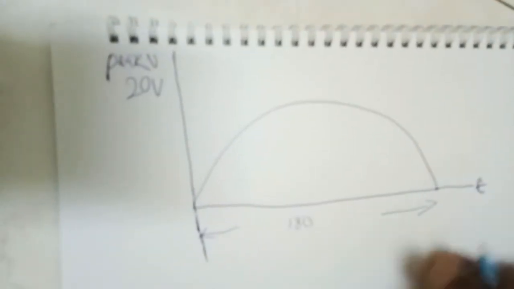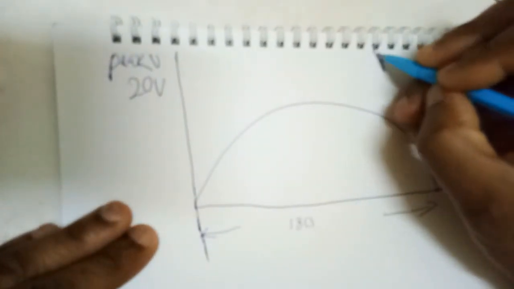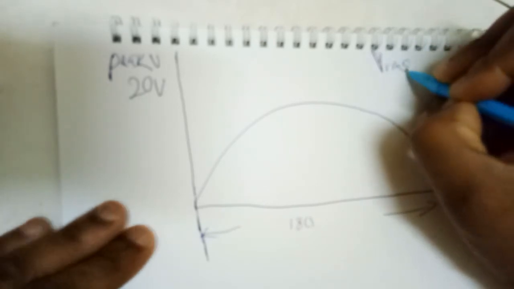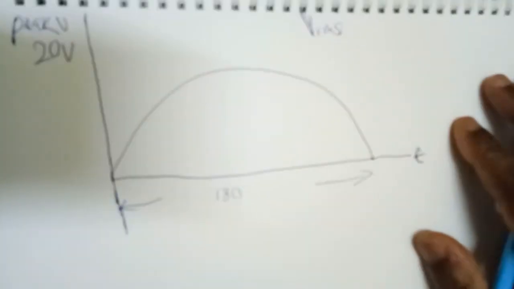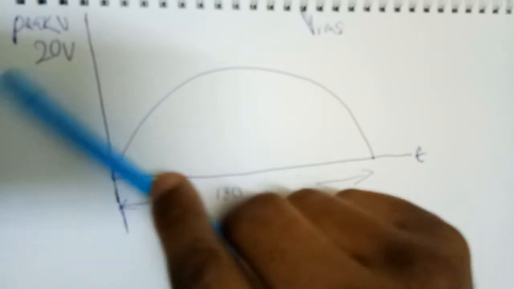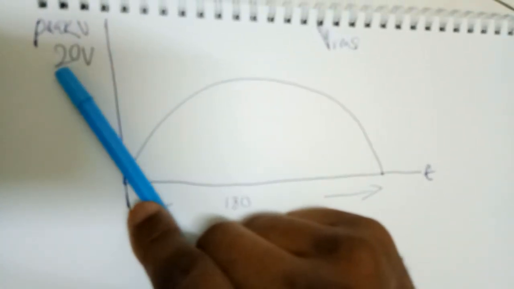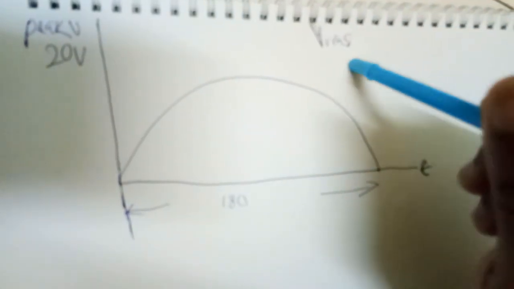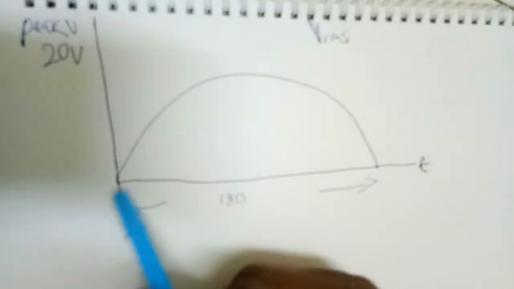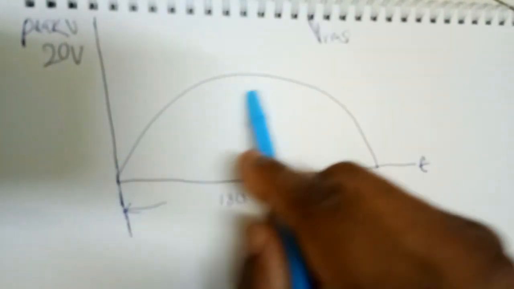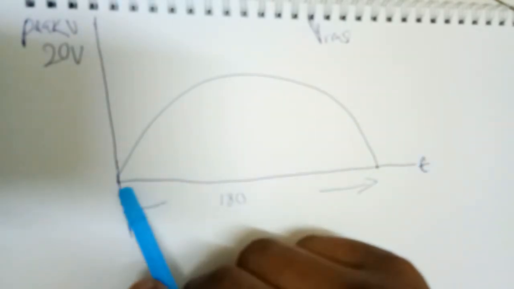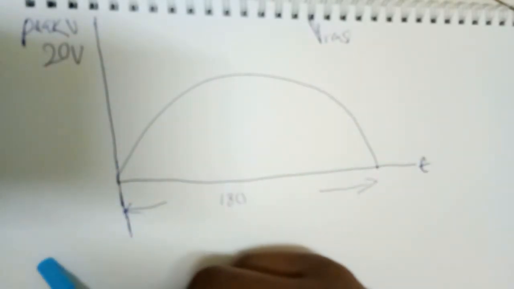Let's find the V root mean square using only the positive half cycle.